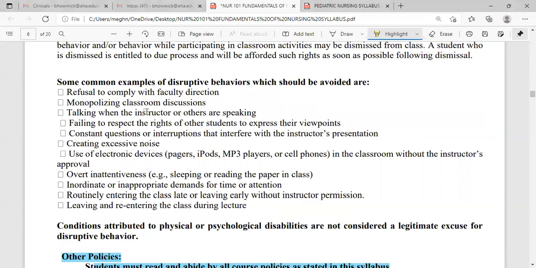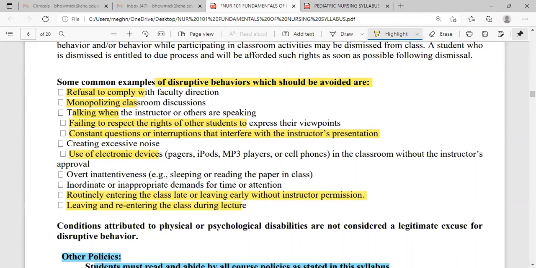And here are some common examples of disruptive behavior which should be avoided: monopolizing talking, failing to respect the rights of other students, constant questions or interruptions that interfere with the instructor's presentations, use of electronic devices, or routinely entering the class late, leaving early, or leaving and re-entering the class during the lecture.